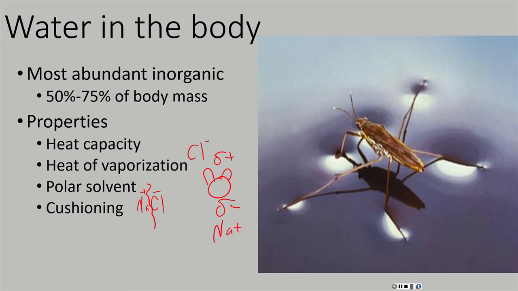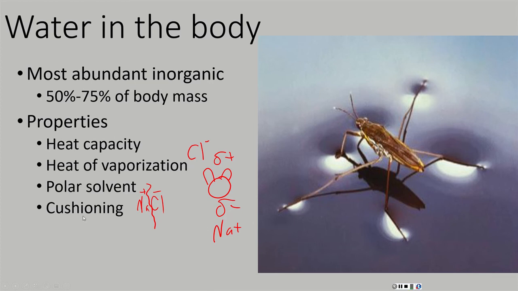It ripped that bond apart. It was a solvent. Water is really good at doing that. Anytime something goes into our body that has any polar regions at all, water is really efficient at breaking it down. And that's because it is a polar solvent.